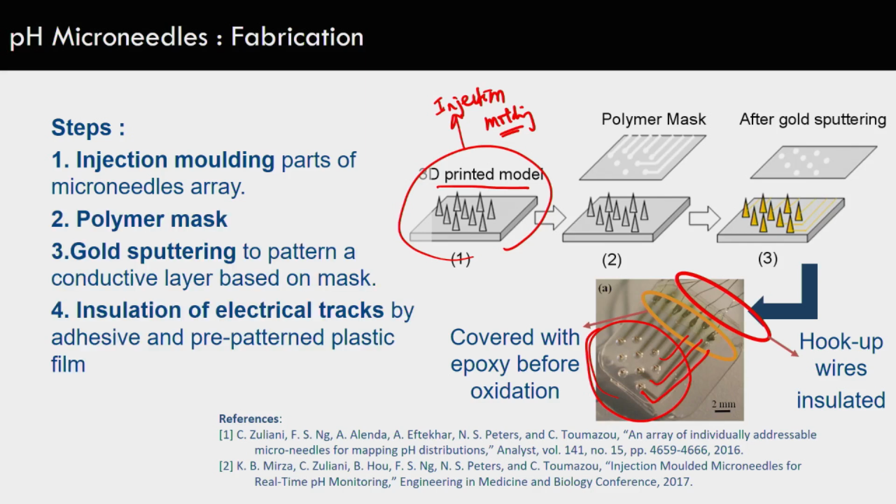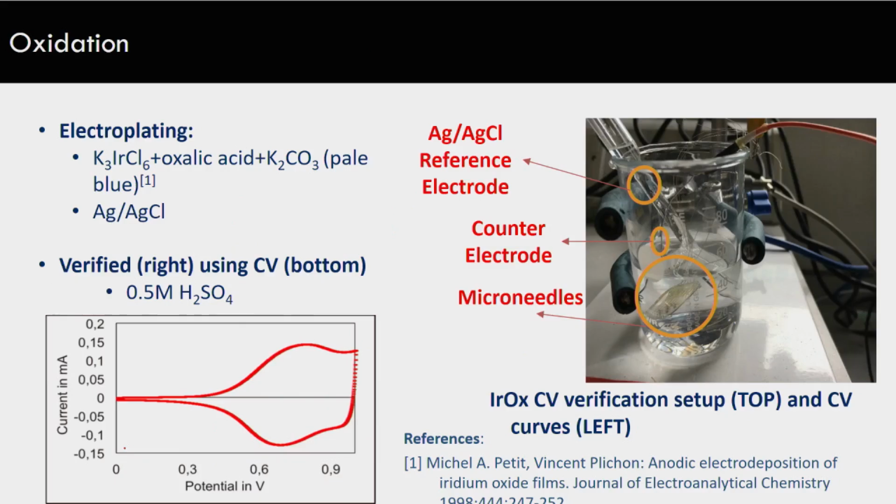These are the different steps required to make the pH sensitive sensor. Once you have made these electrodes, you sputter them with gold, because the polymer is non-conductive, and gold sputtering also gives a uniform layer. Then you can functionalize the gold layer with iridium oxide, and then you can calibrate it.